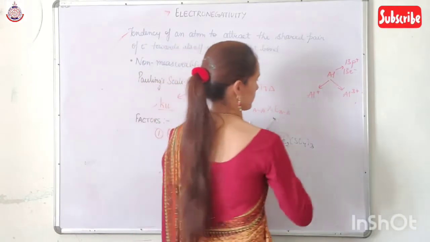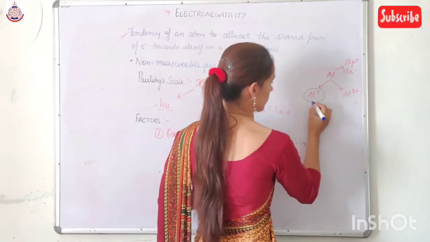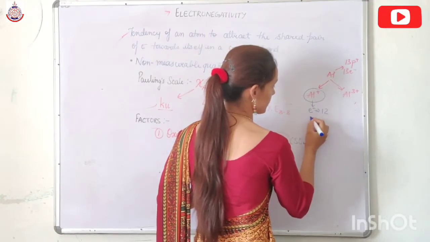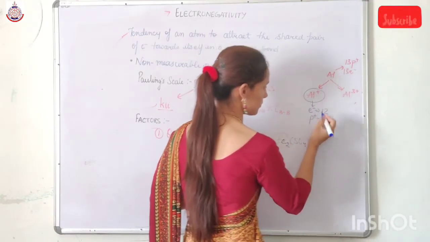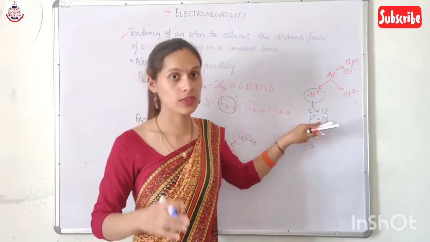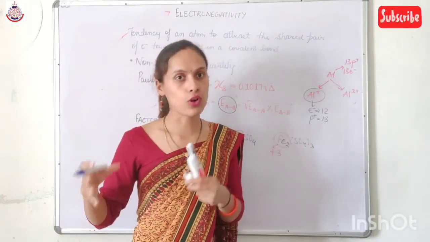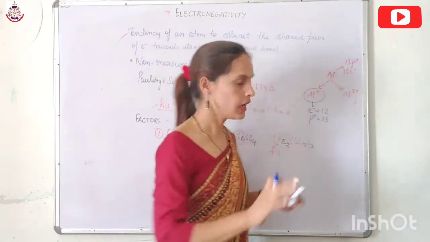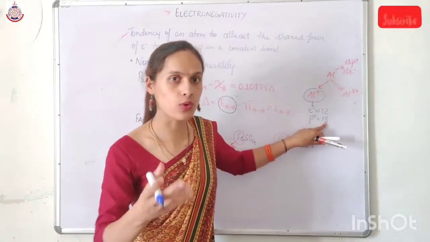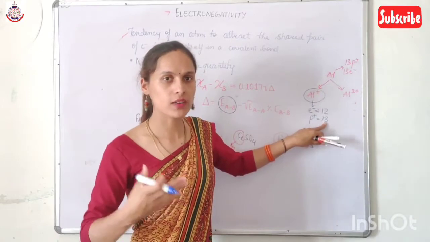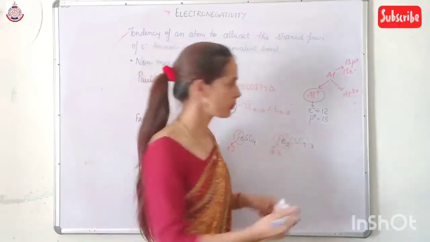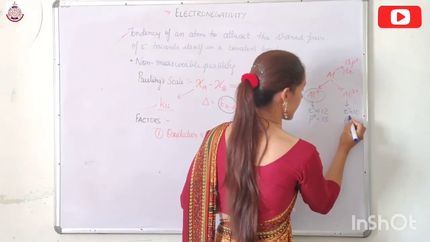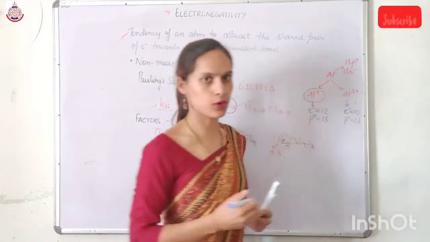In Al+, the number of electrons is 12, but the number of protons is 13. So 13 protons have to hold 12 electrons, and the effective nuclear charge becomes greater. In Al3+, we have 10 electrons, and for 10 electrons we have 13 protons.